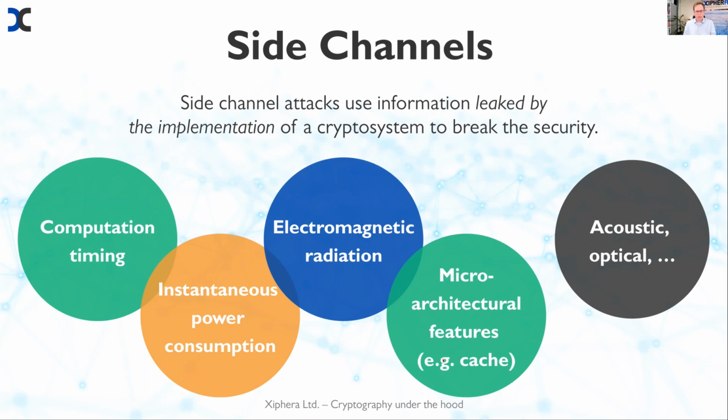Arguably, in my opinion, the timing is the most important side channel because it can be, in certain settings, exploited remotely over the network. And actually, a very small amount of leakage can be enough to break the system in certain cases. One notable example is ECDSA.